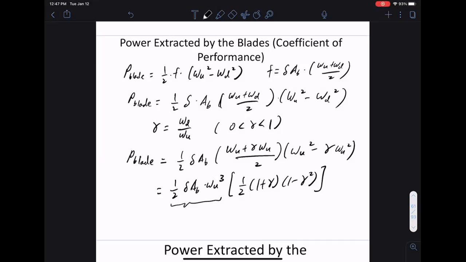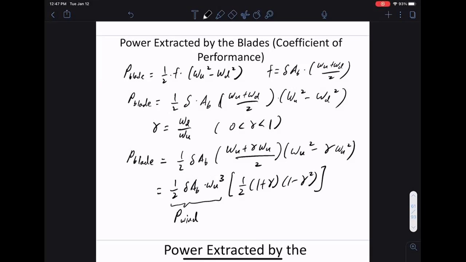This says if my blade sweeps out the area AB, and I get all the power in this wind at a speed of WU, then this is the amount of power I have. So this is precisely the amount of power we can get from wind. Right? So if we lose nothing, if the system is perfect, 100% efficient, we get this number.